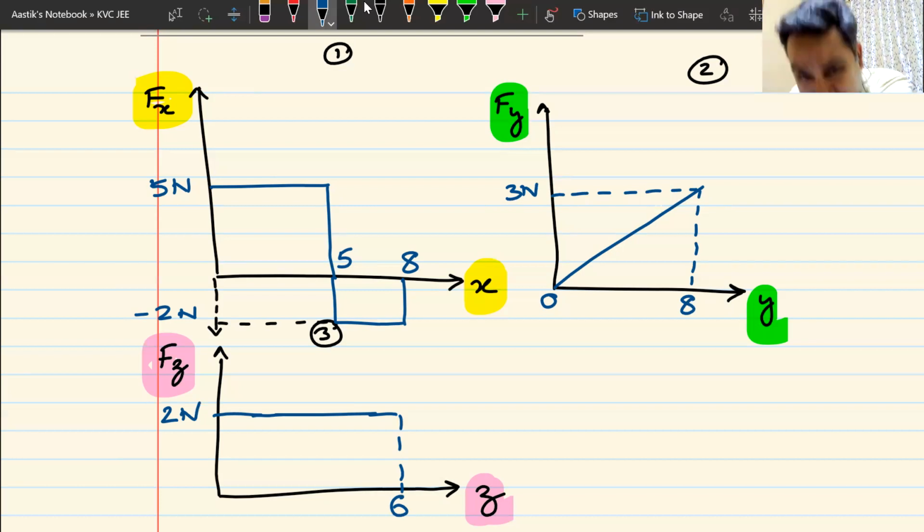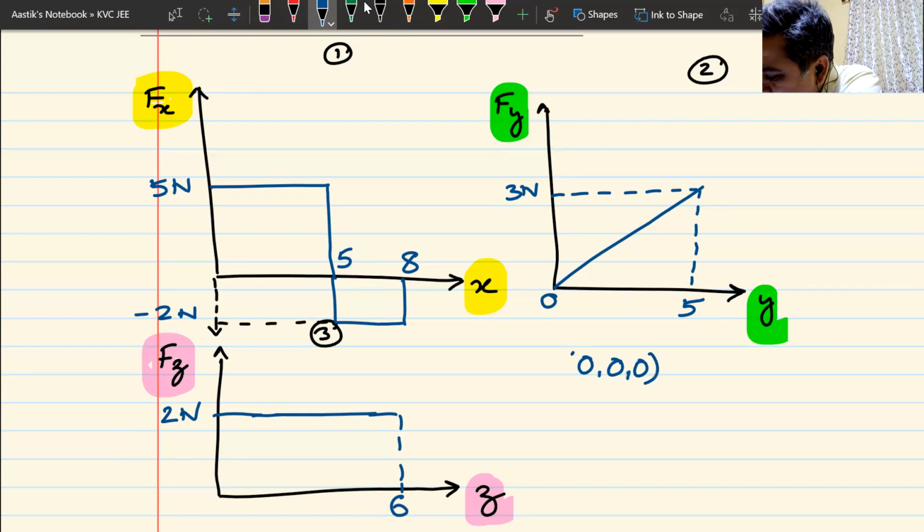What is the work done by this force? Let me change this so that it looks different. What is the work done by this force? This force has displaced the particle from 0, 0, 0, which is your origin, to a point 8, 5, 6.